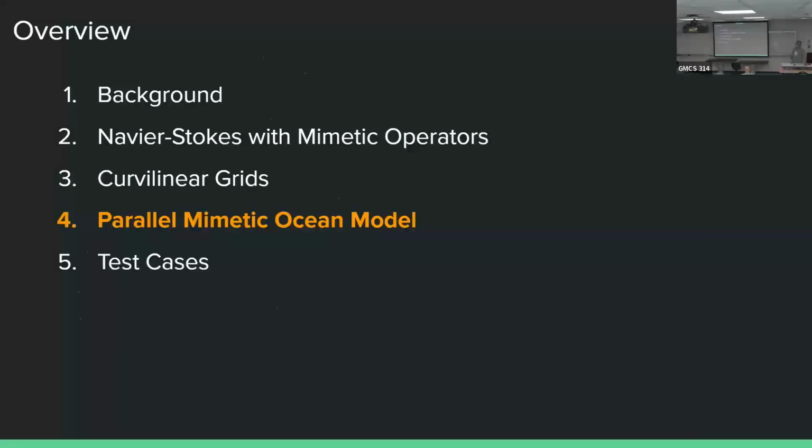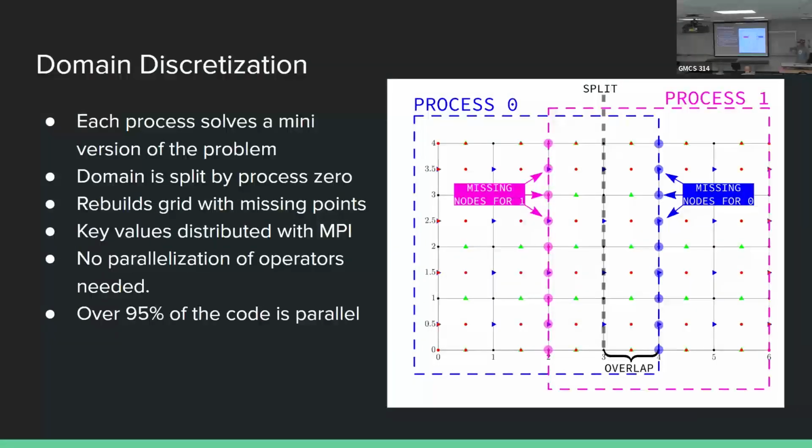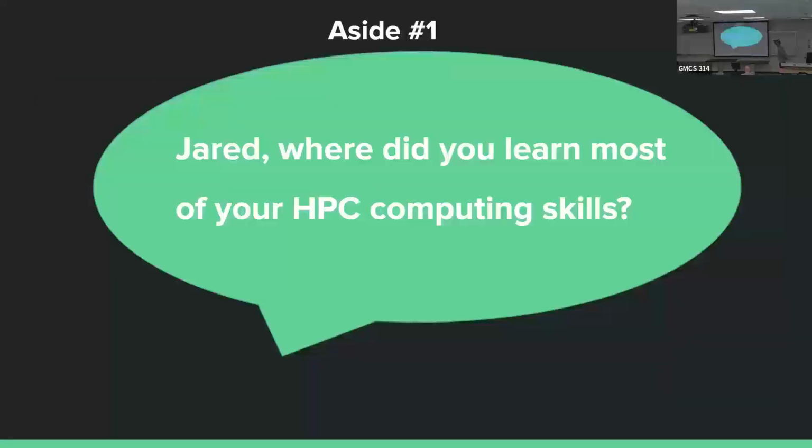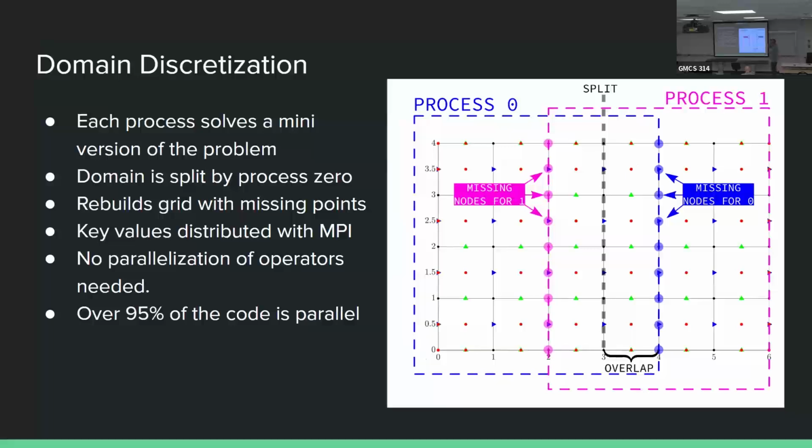So I'm implementing this in parallel. I took all that and put it in a C++ program. These are usually going to model large regions of the ocean, millions of cells, like 10 million points on average.